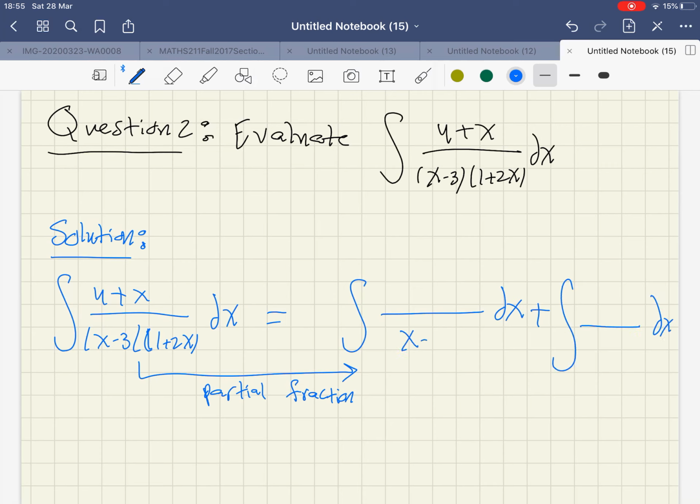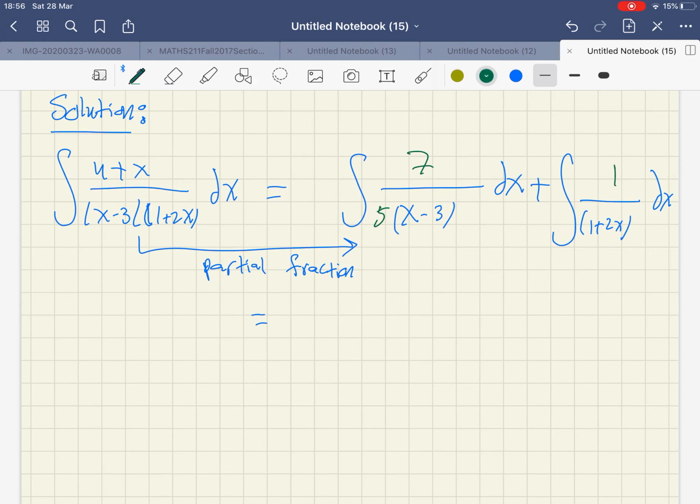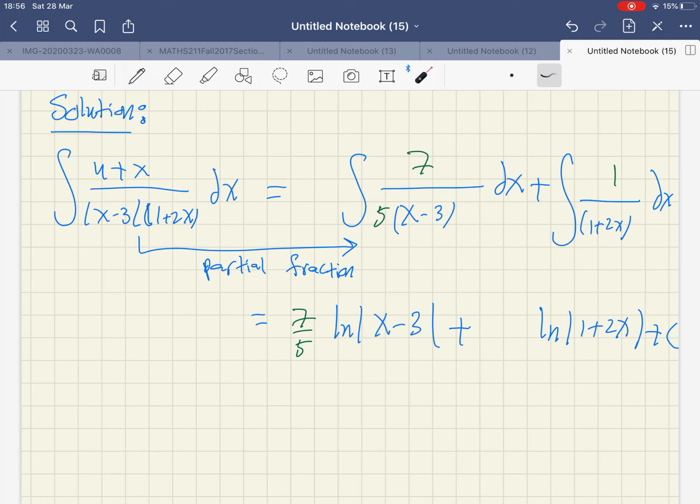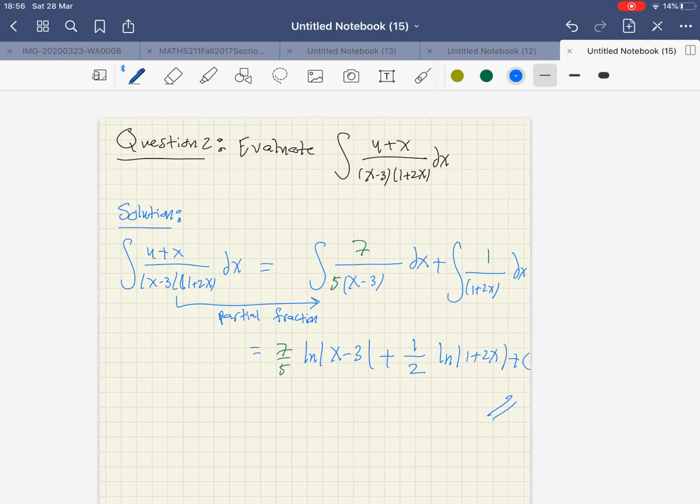The first one will be 1 over x minus 3, and then I think there was 7 over 5 on the other one, with 1 on the top and 1 plus 2x, which is again easy. The integral of 1 over x minus 3 is just ln absolute value of x minus 3, and this one will be again ln of 1 plus 2x, and because there is 2 in front of x, I need to divide by 2. And that's how we do the integration if we know the partial fraction.